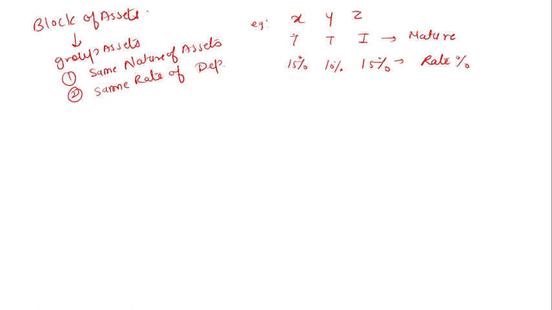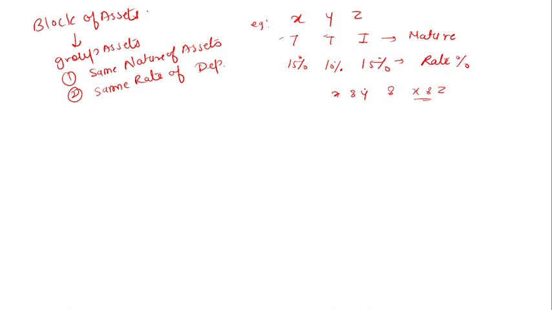You know that X and Y have the same nature, tangible and tangible, but in this case the rate of depreciation is different, so we cannot make a group of X and Y. In another case, X and Z have the same rate of depreciation, but the nature is different, so we cannot make X and Z a block of asset.